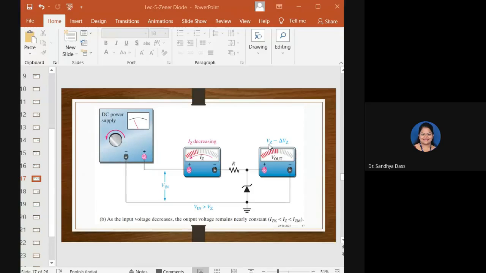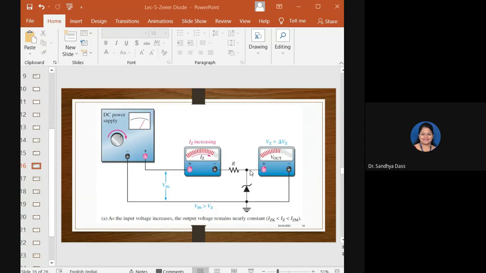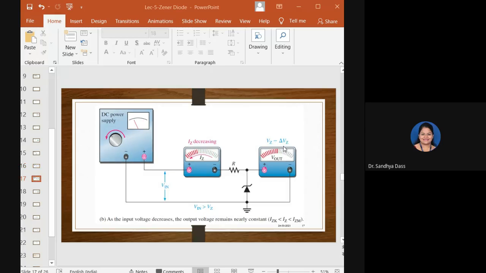As the input voltage varies, the voltage across the Zener diode will vary between Vz plus delta Vz and Vz minus delta Vz. In other words, the voltage across the Zener diode will be Vz plus or minus delta Vz, because of the variation in the input voltage.